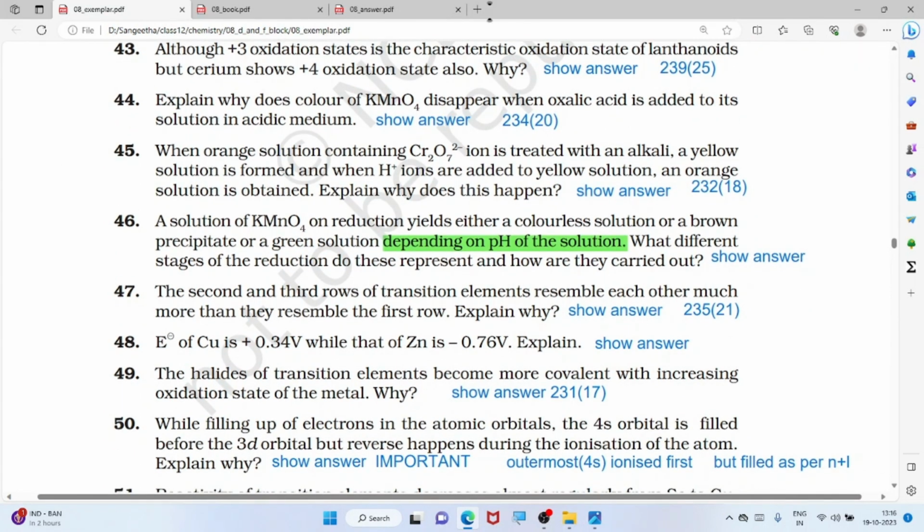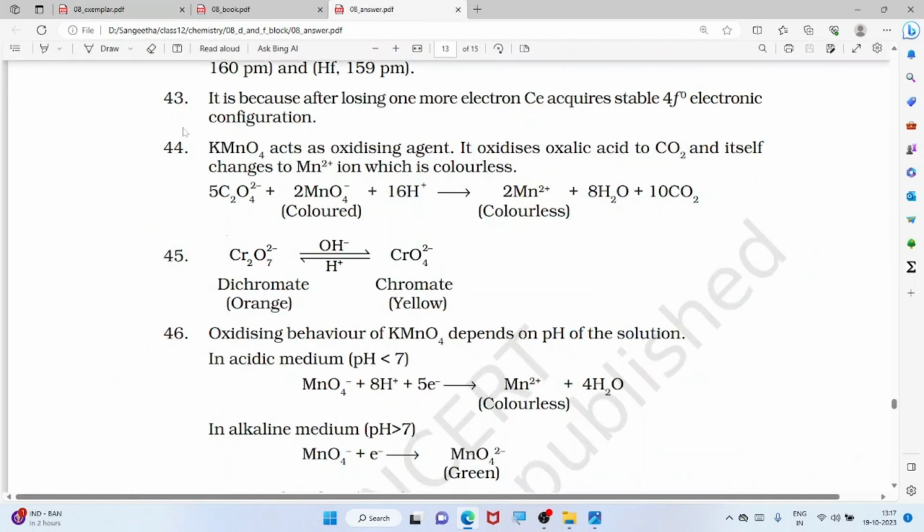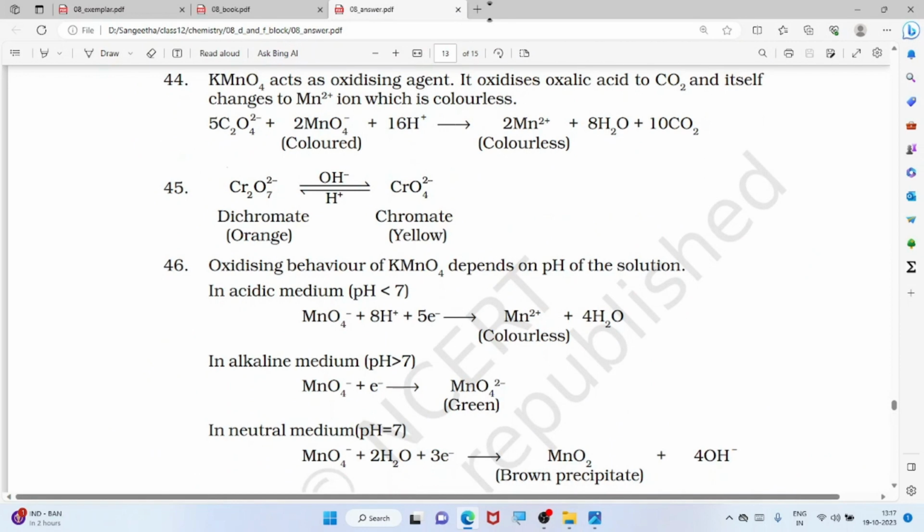An orange solution containing the Cr2O7 2- ion is treated with an alkali and a yellow solution is formed. When H+ ion is added to the yellow solution, the orange solution is obtained. Explain why this happens. 45. Dichromate to chromate, chromate to dichromate. Orange to yellow, yellow to orange. Okay.